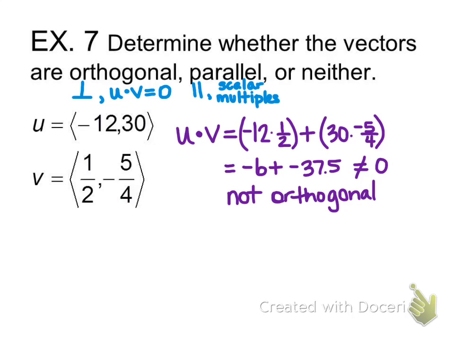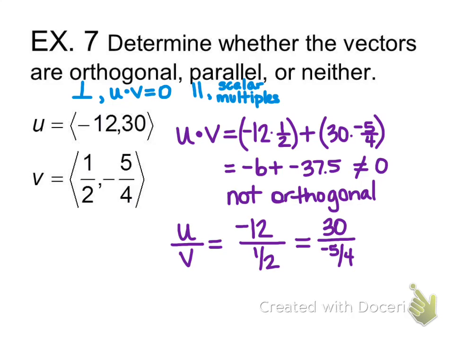So then I want to test to see if they are parallel. I'm going to take the components of the vectors and divide them to see if they are multiples of each other. So if I do negative 12 divided by 1/2, I want to see is that equal to 30 over negative 5/4. Negative 12 divided by 1/2 is the same as negative 12 times 2, which is negative 24.